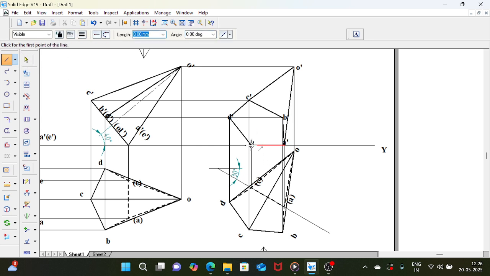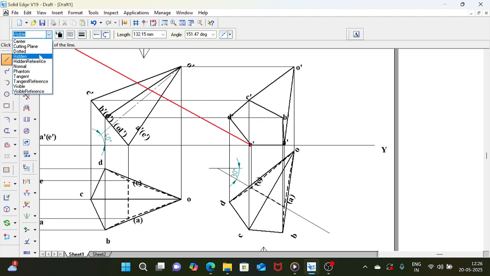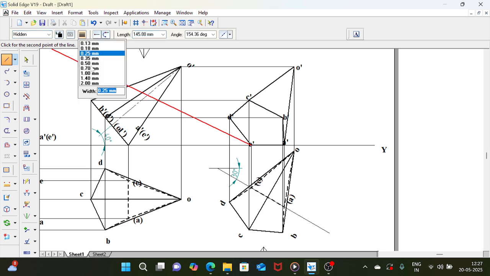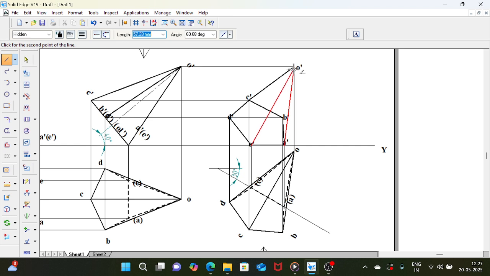If you try to join EO, it is crossing the BC visible line. So it cannot be a visible line. If it is crossing a visible line, it cannot be visible. It has to be a hidden line. So draw a hidden line here. Similarly, DO is also crossing the BC visible line. It has to be a hidden line.